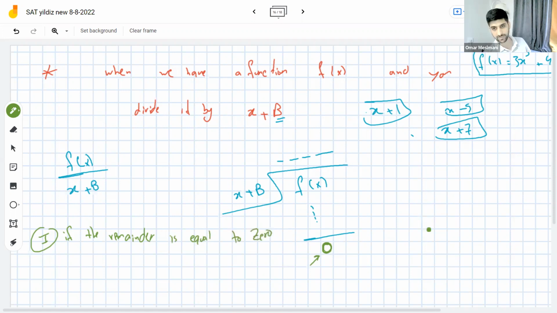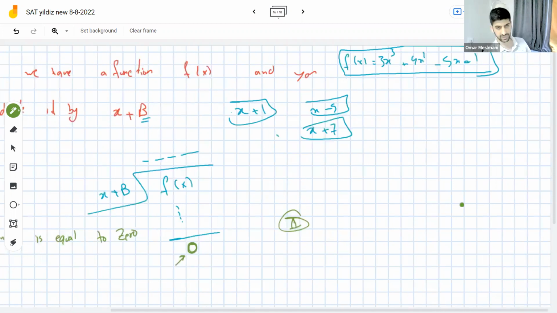And the case number 2 is, as you can guess, if the remainder is equal to a number.